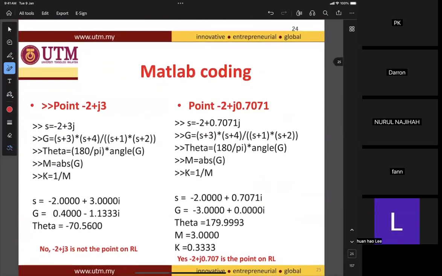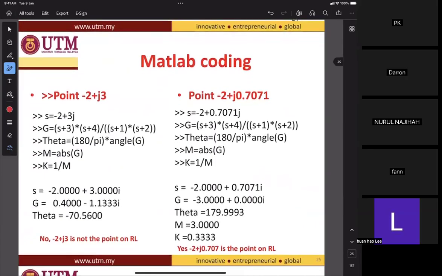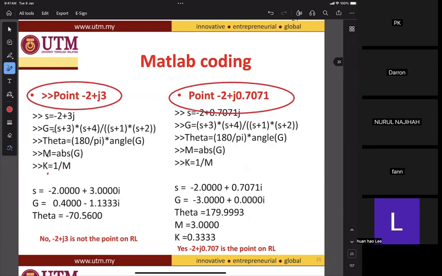Or simply you can check using MATLAB. You write a program. This one is not on the root locus. This one is on the root locus, using the code that I show here. G is the transfer function, theta is the angle criteria, M is the magnitude, and K is the gain. This is the angle.